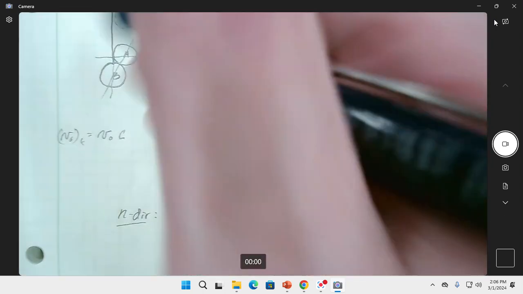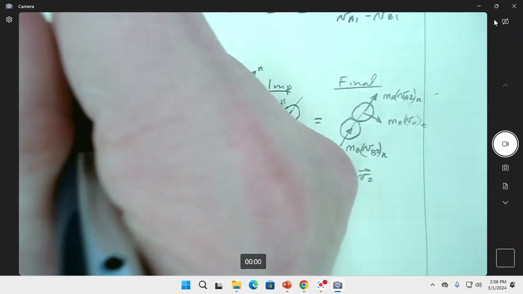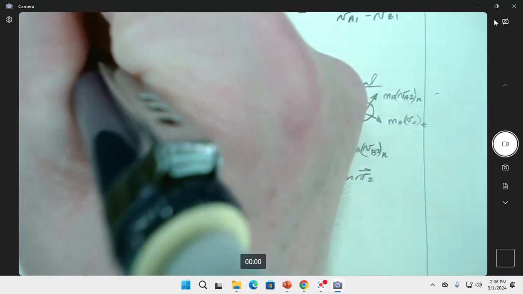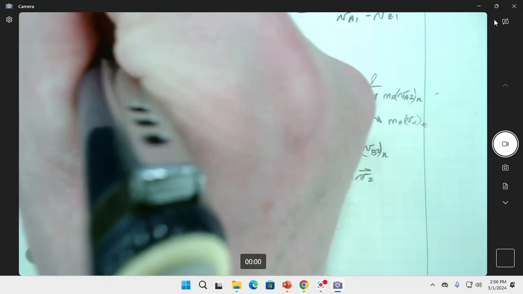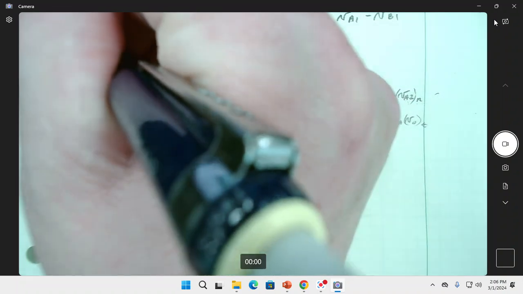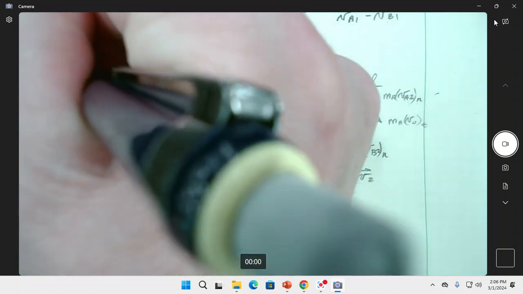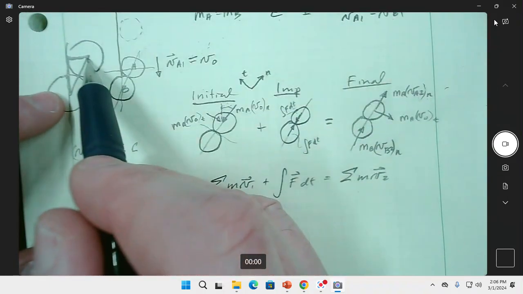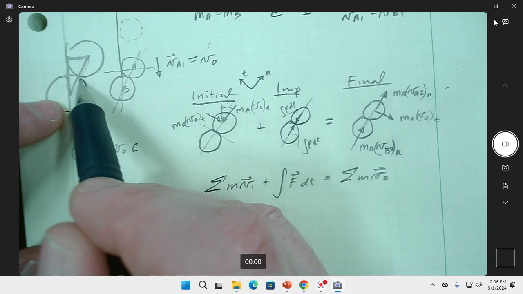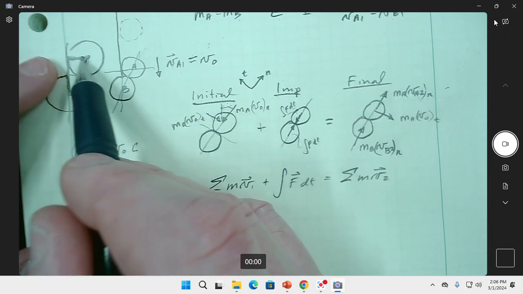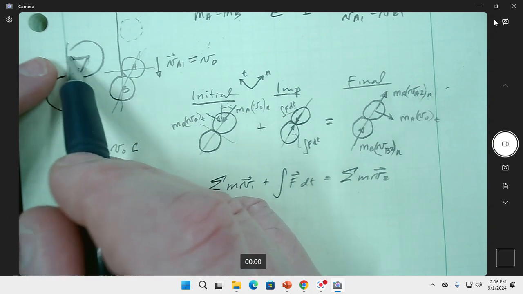All right, so let me explain why. The hypotenuse is going to be 2 radii, and the side opposite from this angle is going to be 1 radius.